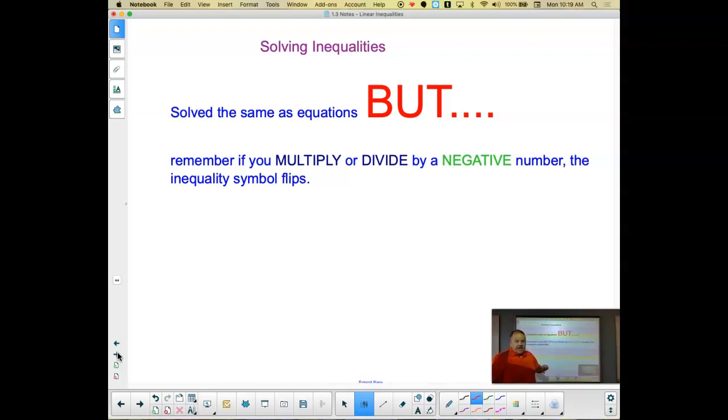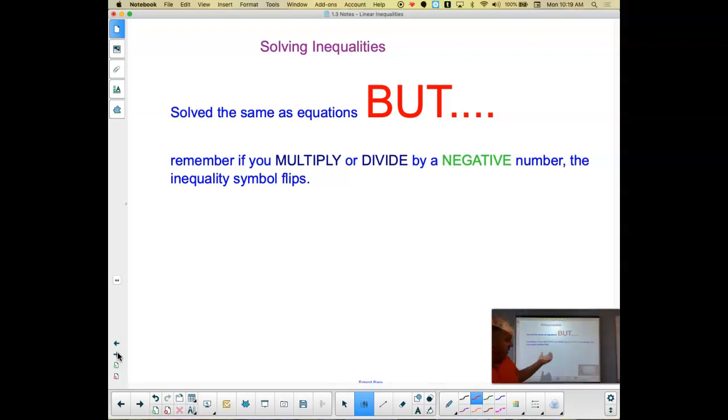So if it's less than, it becomes greater than. Okay, we flip it right around. If it's less than or equal to, it becomes greater than or equal to. We flip that one right around, and likewise vice versa.